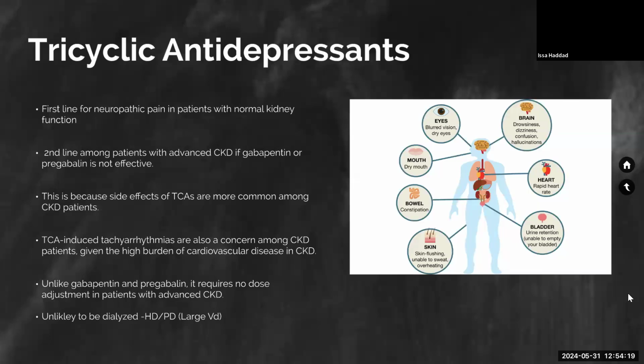However, they become second line in patients with advanced CKD, because the concern is that it is renally cleared and there is more risk for side effects, including tachyarrhythmias that we hear about in our end-stage renal disease patients. They are unlikely to be dialyzed, whether by HD or PD.